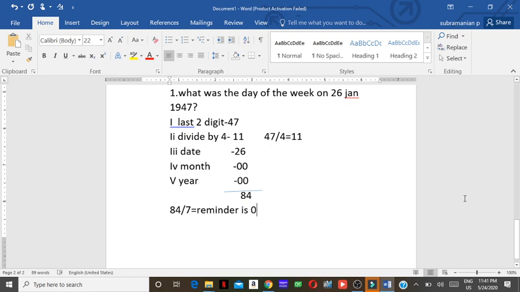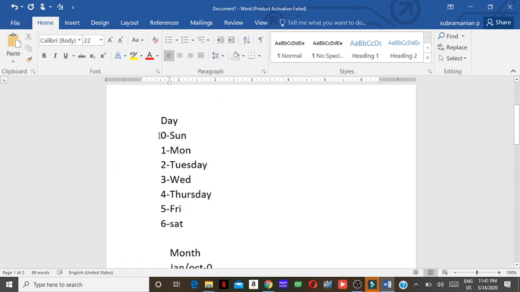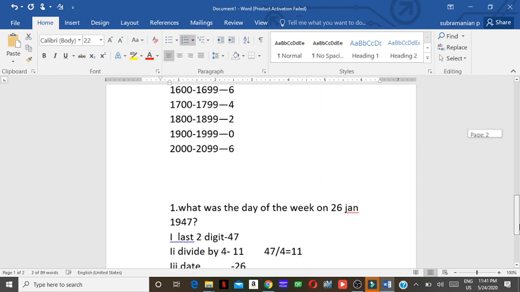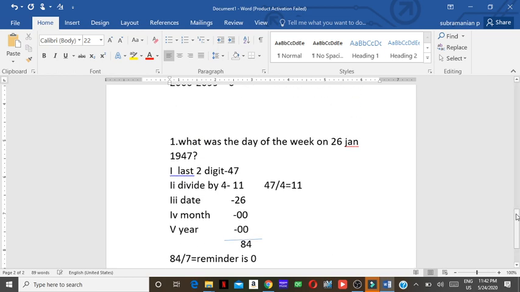We already know that 0 is represented as Sunday. So we can tell that 26th January 1947 is Sunday.